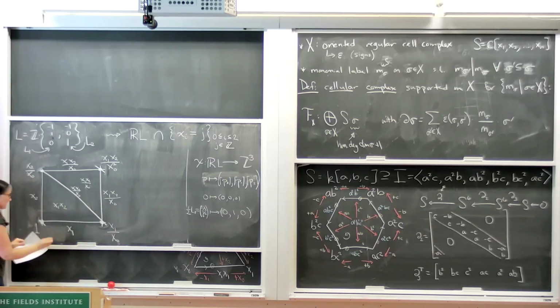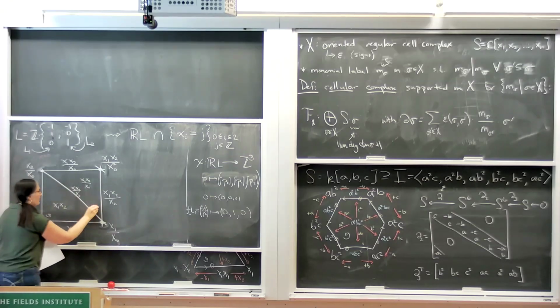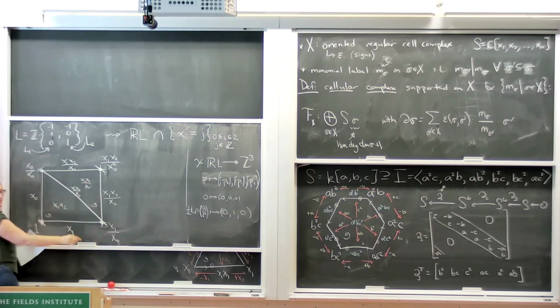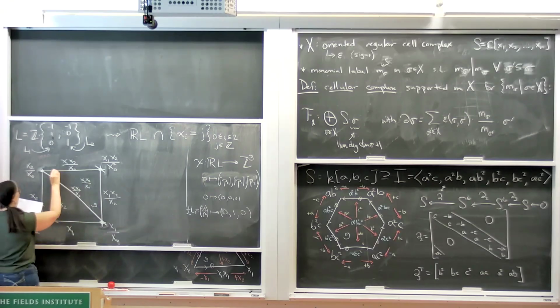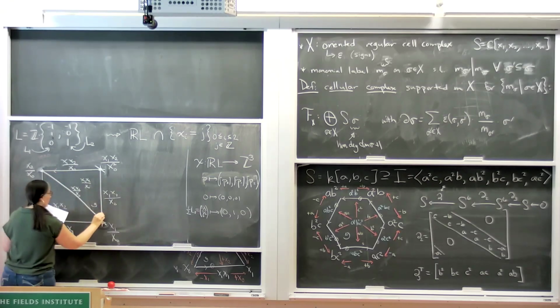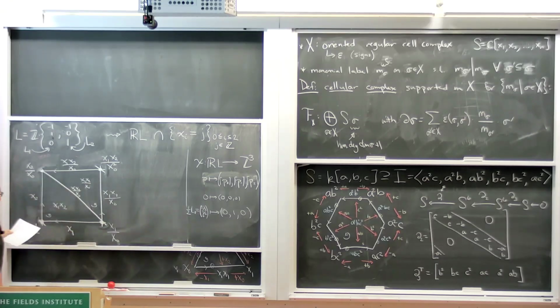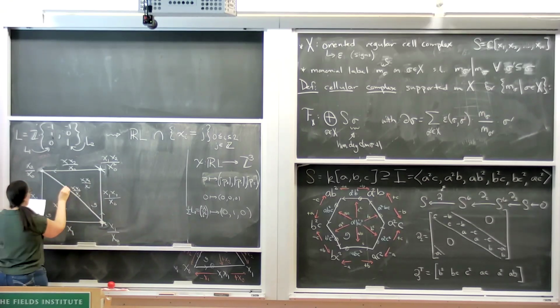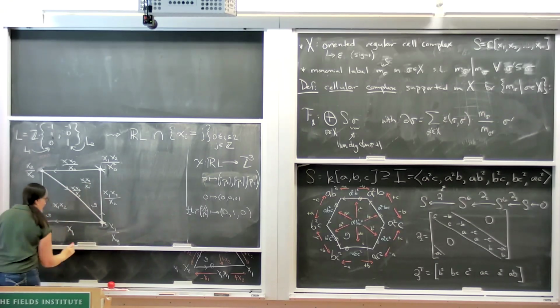Now we play the same game. Let's orient, and I'm going to orient uniformly everywhere: here, here, here, here, and here. Now I draw my maps.